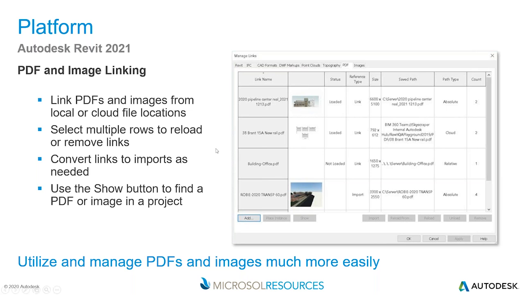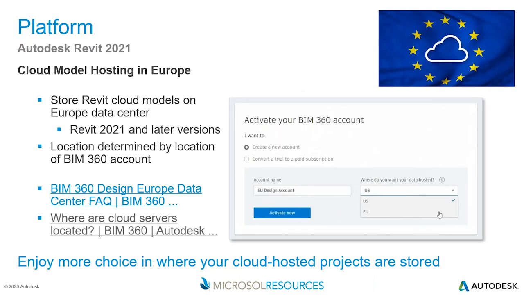You can utilize and manage images and PDFs more easily with the new linking features. You can even convert the links to imports, which is kind of cool if you want to embed them, because unlike other links in Revit, when you link PDFs and images, they're not embedded automatically, which is kind of interesting.